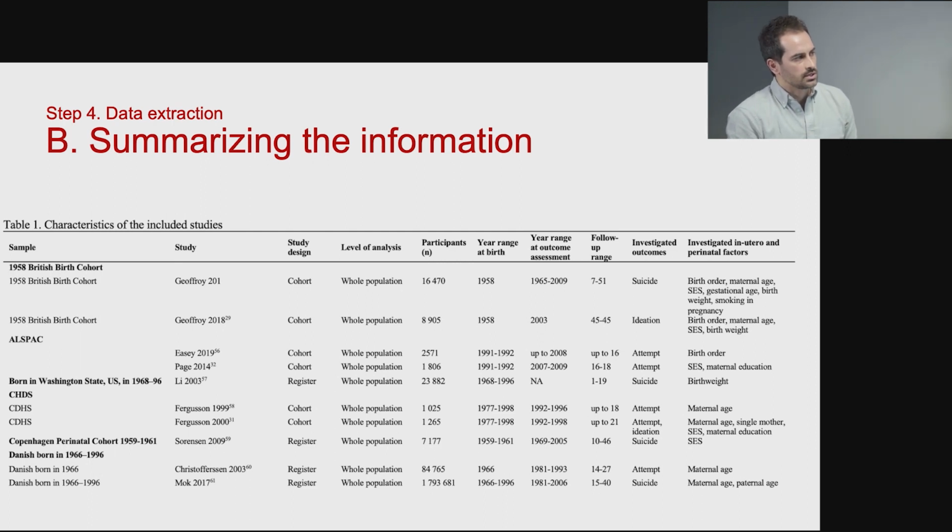Number of participants, year of birth, year of follow-up, how long was the follow-up, which was the outcome that they measured, and which were the exposure factors that they measured.